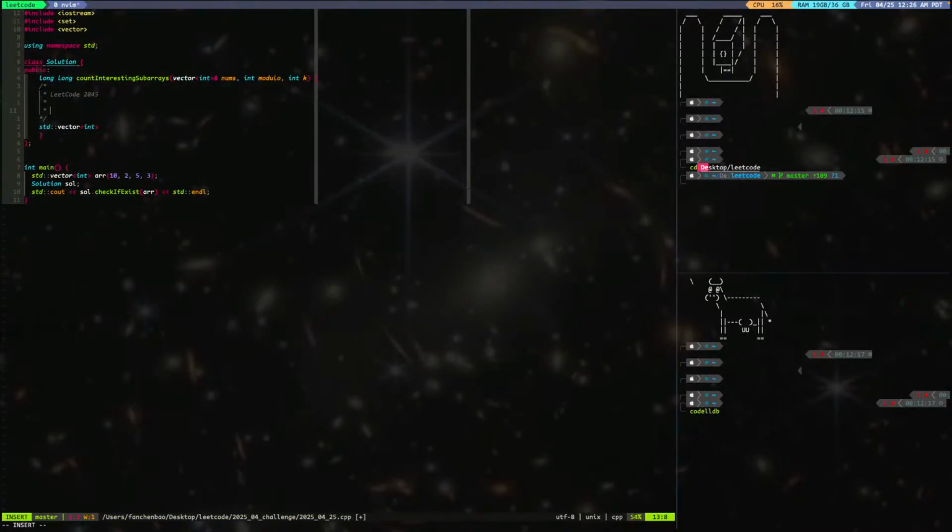What do we call this? We call this find all the numbers that modulo equal to k.